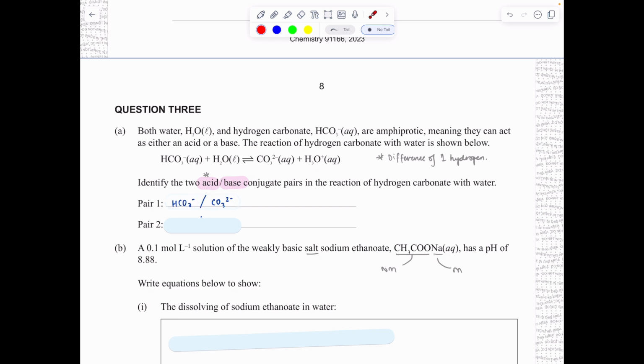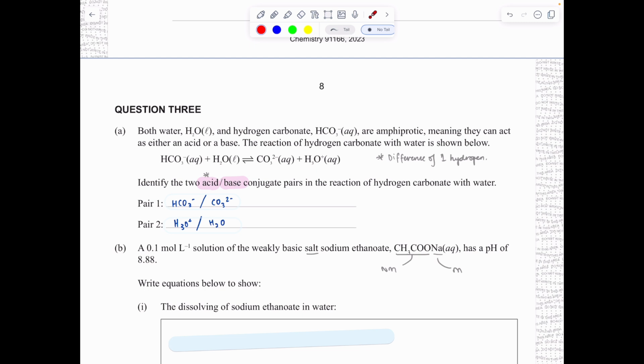Acids are hydrogen or proton donators. So the reason why this is an acid is because it has a hydrogen that it's able to donate. This over here, however, carbonate, is going to be the base because it has the tendency to accept a hydrogen. Bases are hydrogen acceptors. So this makes an acid-base pair.